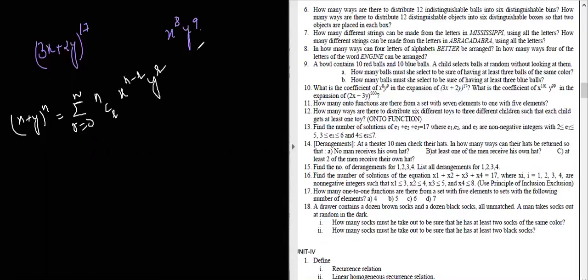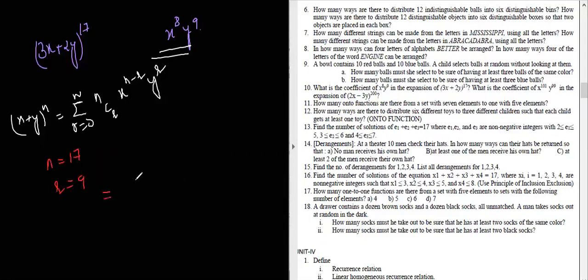Alright, and now if we wanted to expand it, you will expand it by just replacing x with 3x, y with 2y, and n with 17. But here we just need the coefficient of x power 8 and y power 9. To find the coefficient of x power 8 and y power 9, what is the value of n? So let's just write the values first. N is equal to 17. Our r value is given as 9.